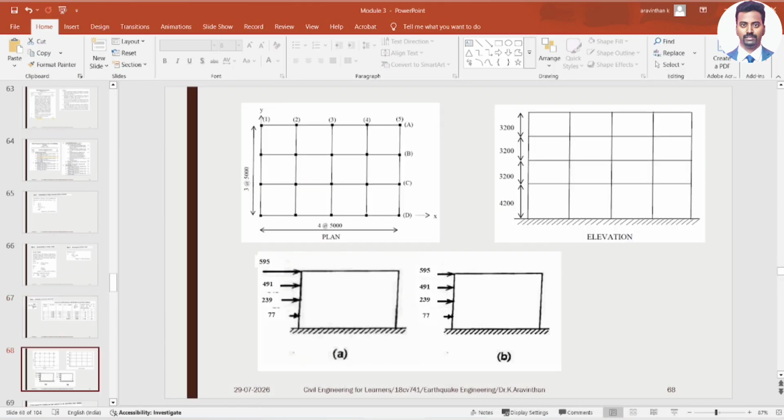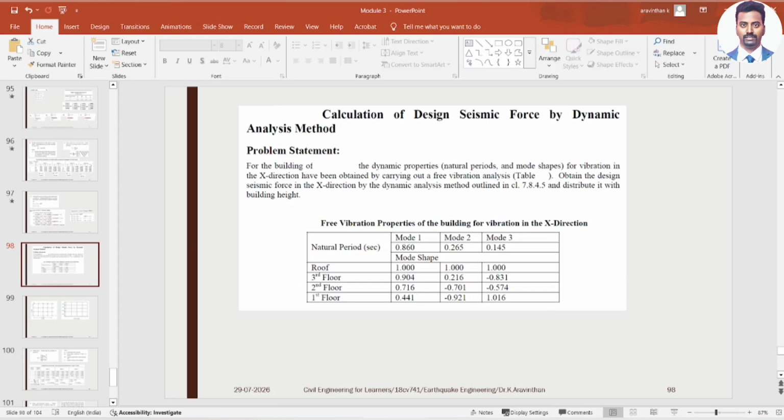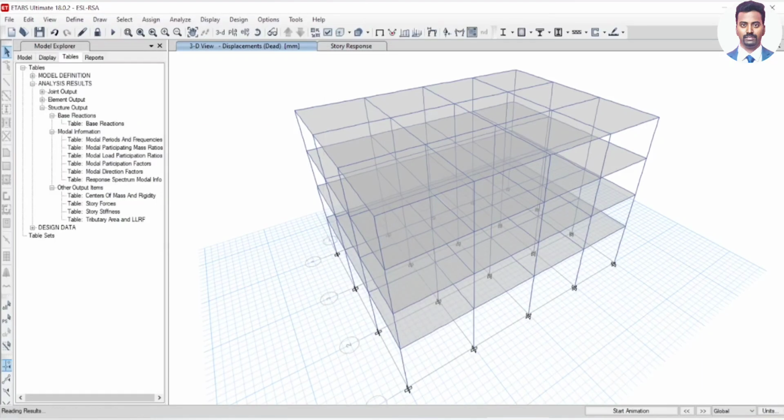Now let us go to response spectrum analysis. When doing the response spectrum analysis, first we should check the model for the mode shape. So this is our first, second, third mode. Let us check the modal periods and frequency.